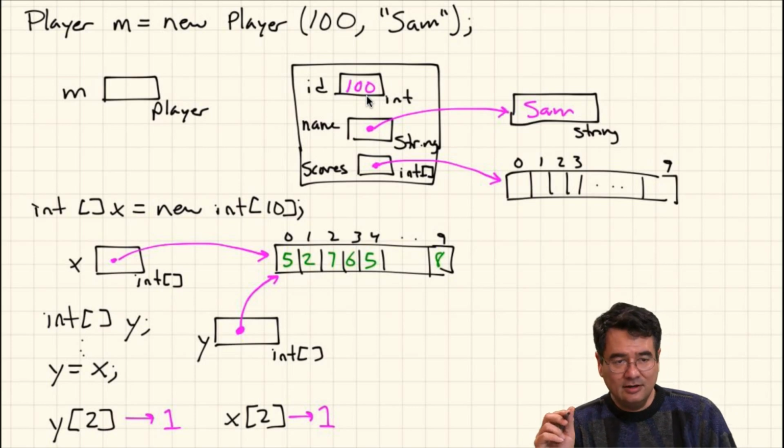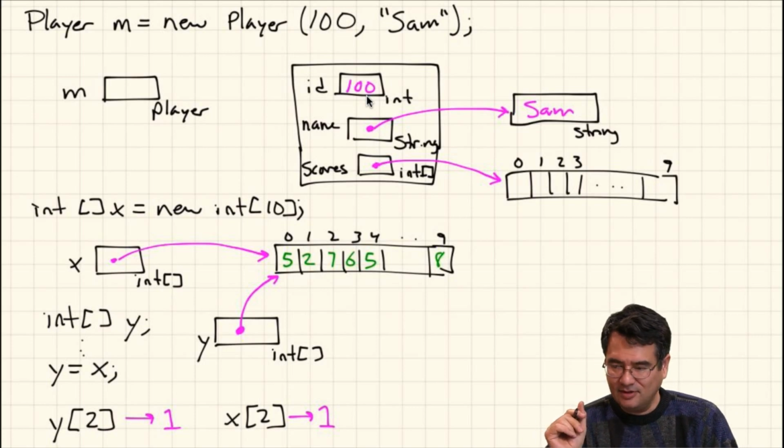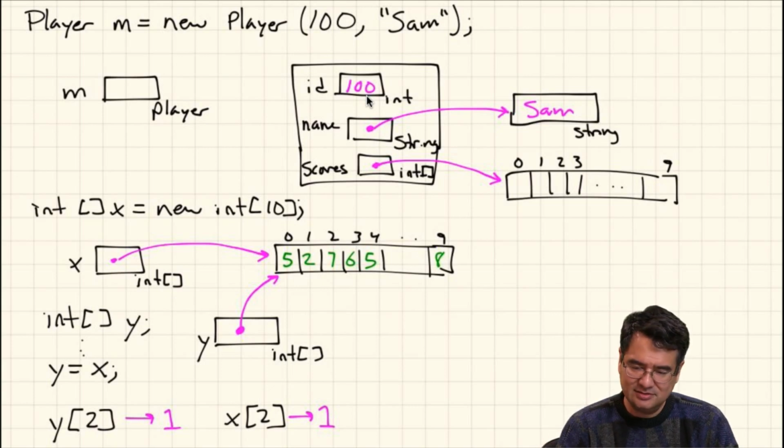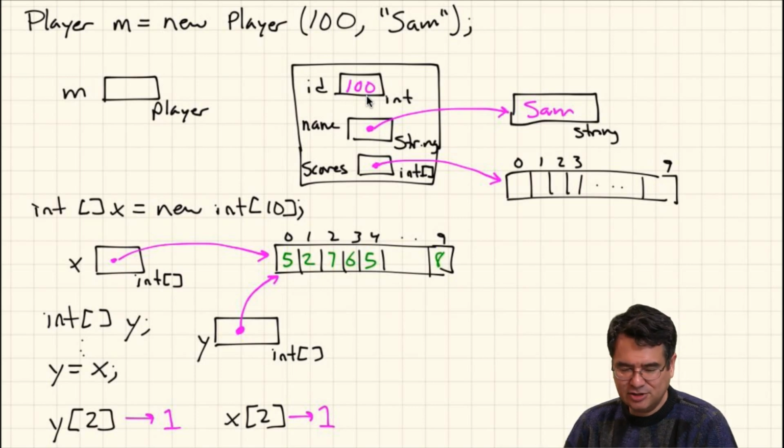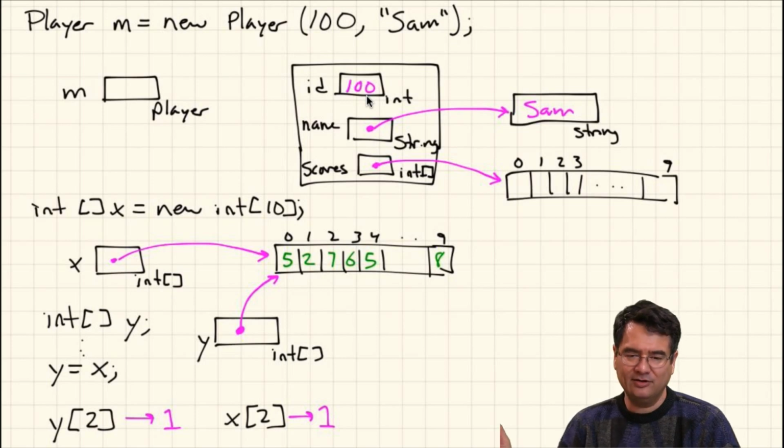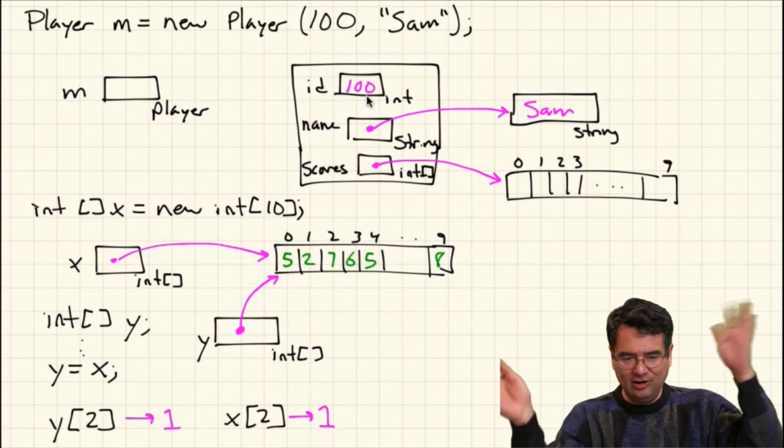Okay, so you might be thinking now that if I have an object that contains other objects in it, and then that object contains other objects in it, and that object contains other objects, the picture is going to get wildly complicated. And that's true, in fact. It does. There's pointers all over the place.